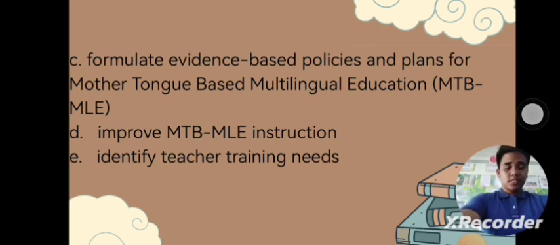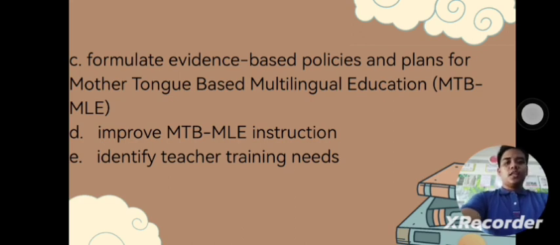So in this assessment, we can assess ourselves. We can see in the result if our instruction in MTB MLE is good or enough, or above expected.